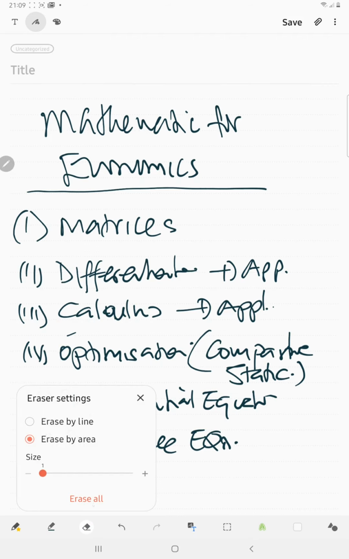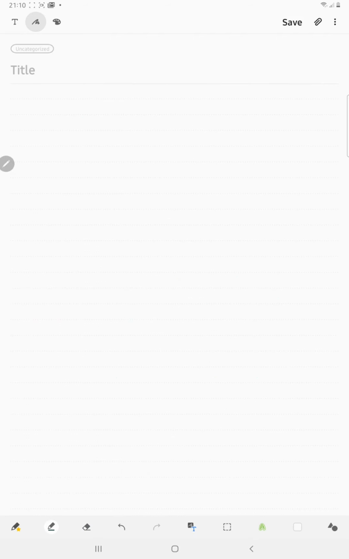So let's look at the starting point, the matrices. Now matrices are not something that is very complicated. A matrix is defined as a row by column expression.